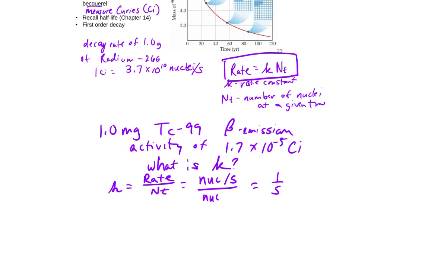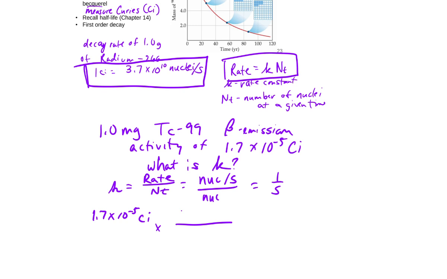So let's first focus on the numerator here, finding the rate. We have our activity in curies. We have 1.7 times 10 to the minus 5 curies. And we also know that a curie is equal to 3.7 times 10 to the 10 nuclei per second.